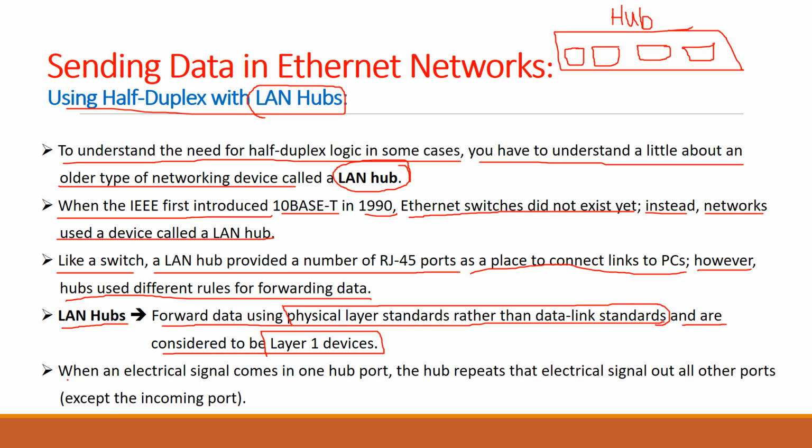Here we give an example. When an electrical signal comes in one hub port, the hub repeats that electrical signal out all other ports except the incoming port. If someone is sending through this port, the hub will repeat the signal out of all ports except the incoming port, which is not logical.